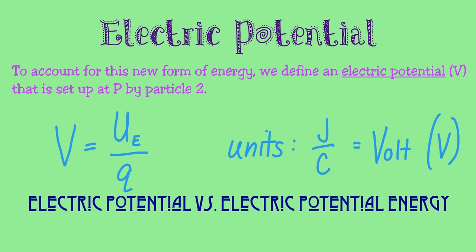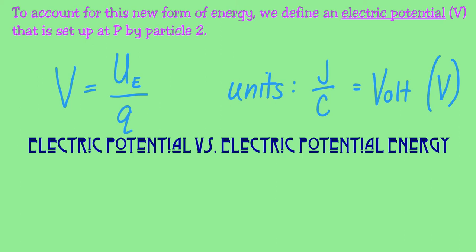Now, these two terms, electric potential and electric potential energy, are very similar in name, but they do definitely have different meanings. So I wanted to go through the differences between these two. Electric potential would be the property of a point in space.